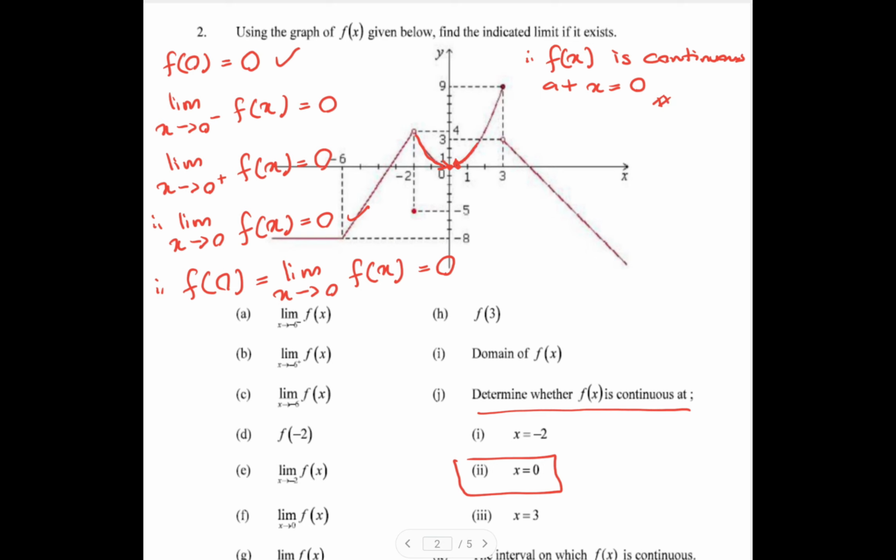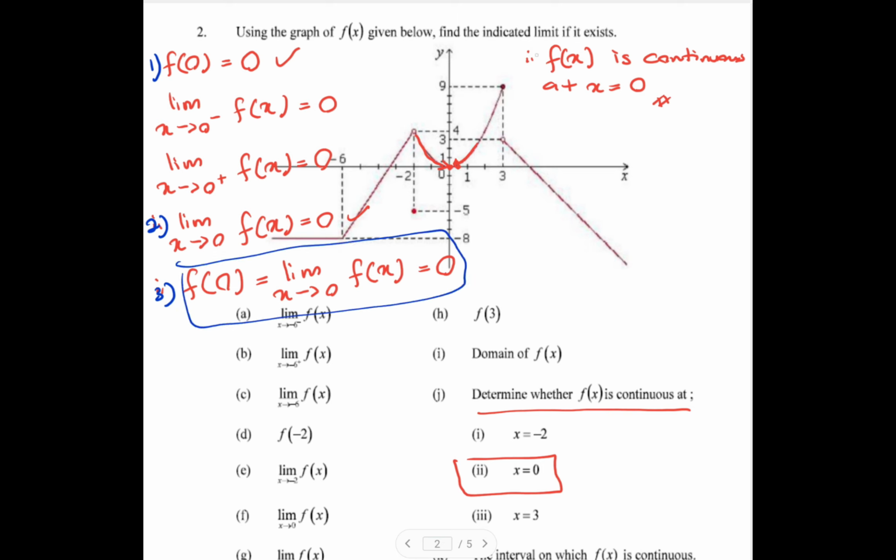Make sure you put the conclusion whether it is continuous or not. In order to determine continuity, you must have these three things. The first one, find the function value. The second one, find the limit, whether it exists or not, whether the function is defined or not. And then the third one, you must check whether the function is equal to the limit.